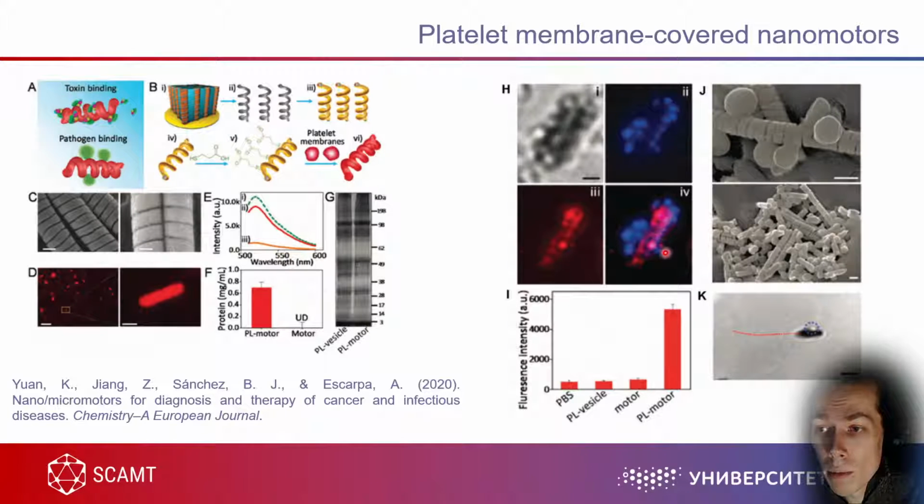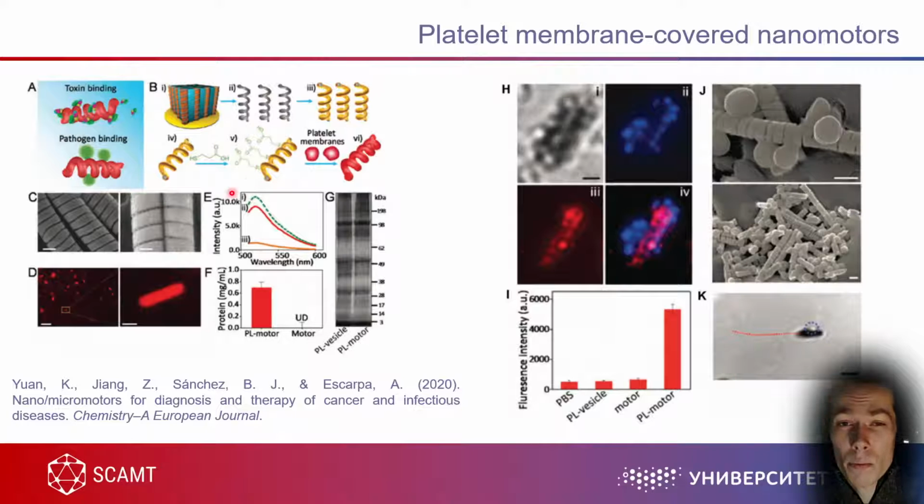On fluorescent imaging, you can see a spiral covered in blue-colored bacteria, and the fluorescent intensity here shows that these motors really can absorb some bacteria from a media, even from blood. As far as I remember, this is from some in vivo experiments.